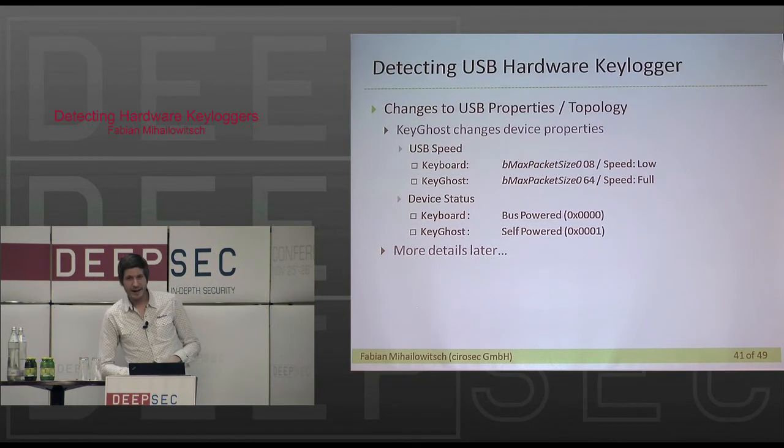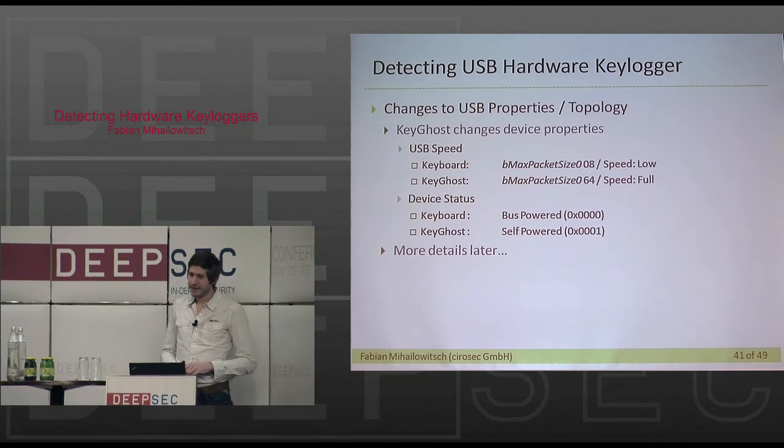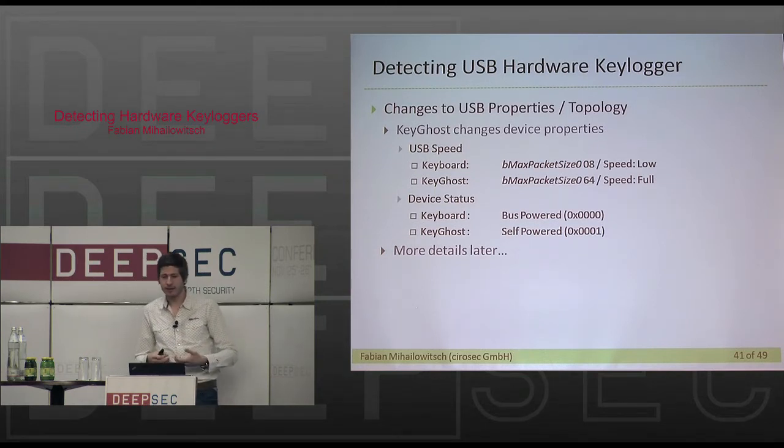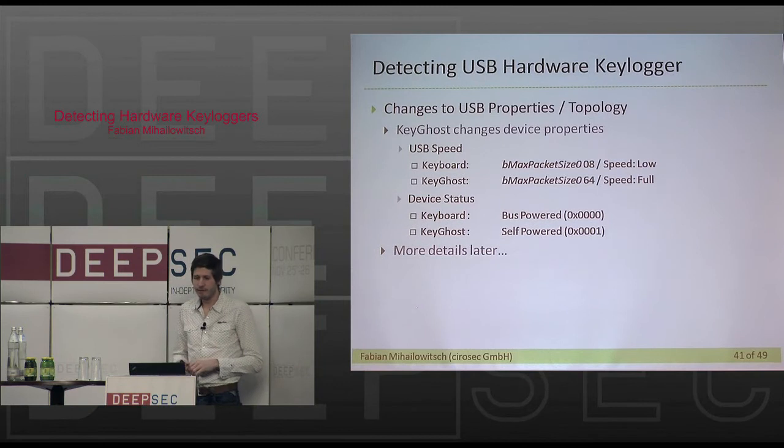The next thing is the key ghost model. It changes device properties. If you only plug in your keyboard, I have a packet size of 8 bytes, which is like a low-speed USB device. However, if I plug in key ghost, my device properties suddenly change to a packet size of 64 bytes, which represents a full-speed device.